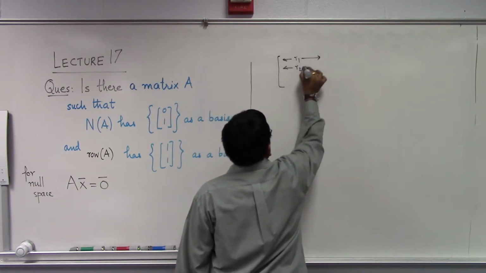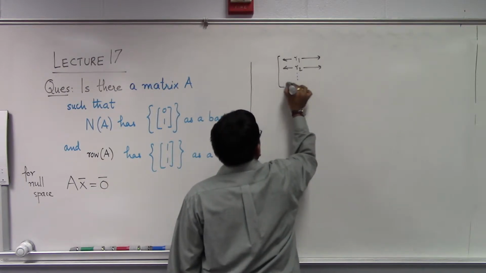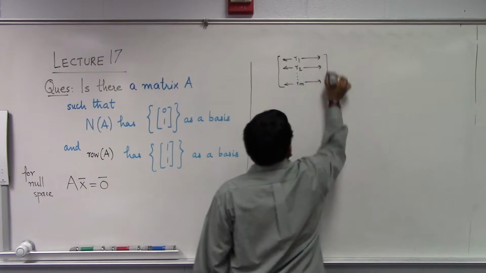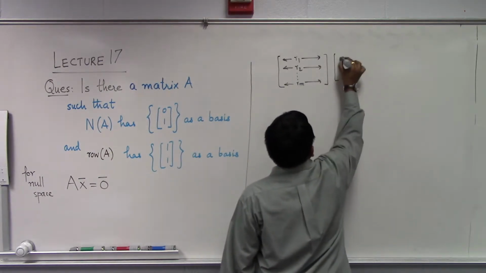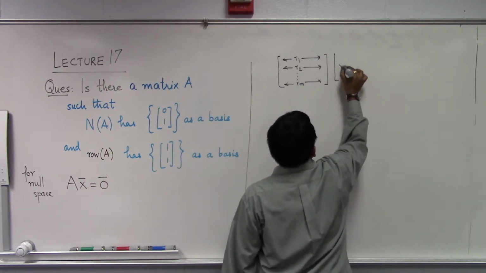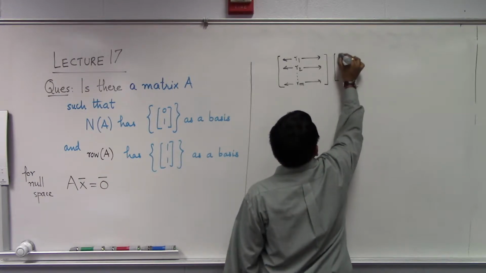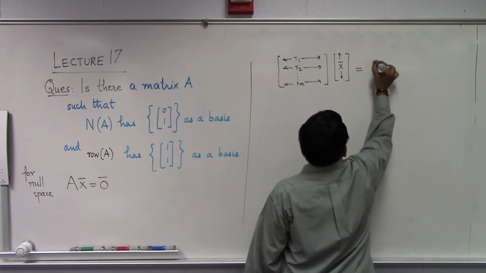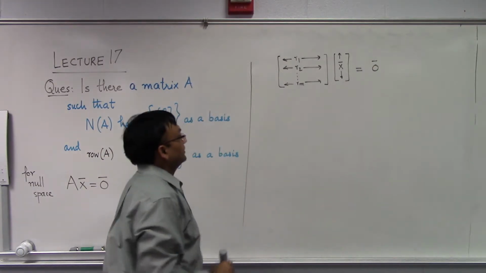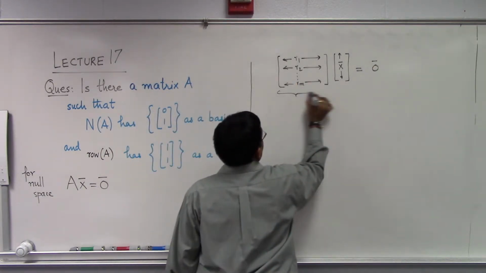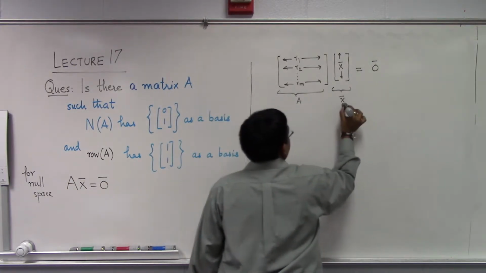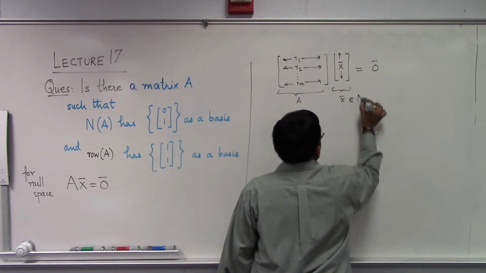Suppose these are the rows of my matrix A. And let us say this is a vector that you have found for your null space, and you want to produce a zero vector. So this is your A. This is your vector in the null space of A.